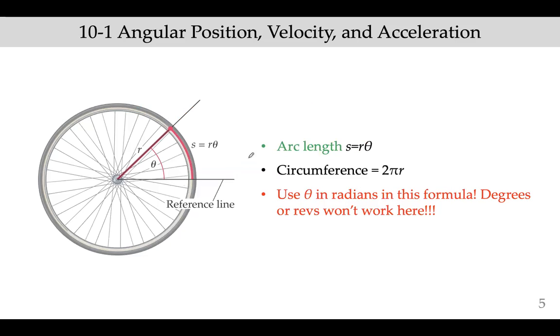So let's start with arc length before we move to angular velocity and angular acceleration. The arc length is this distance here. It's called S. If you want to find this distance, you have to multiply the angle with the radius. But there's one important point here: this angle should not be in degrees or revs, it should be in radians.